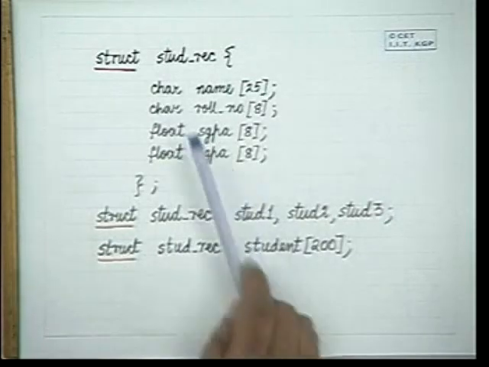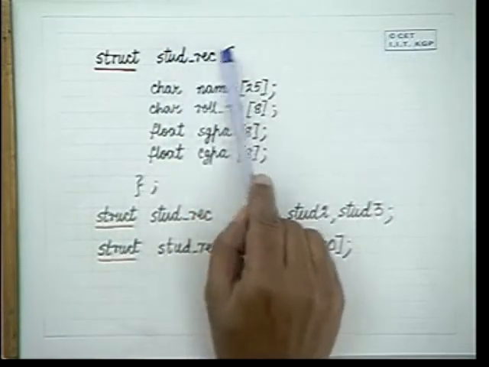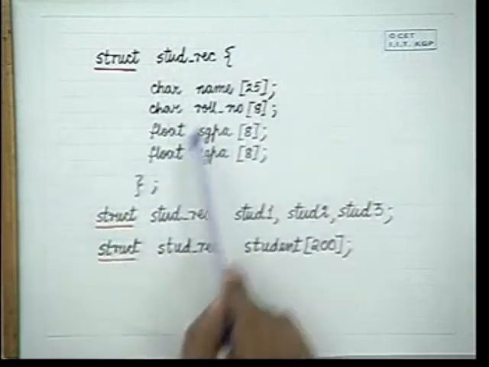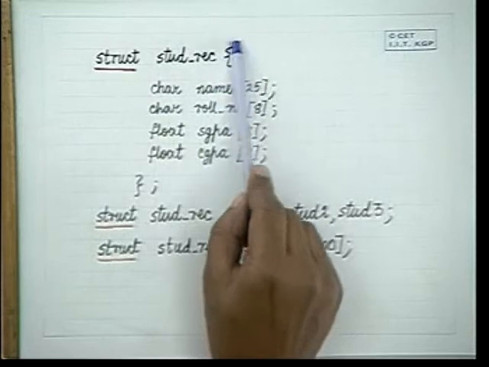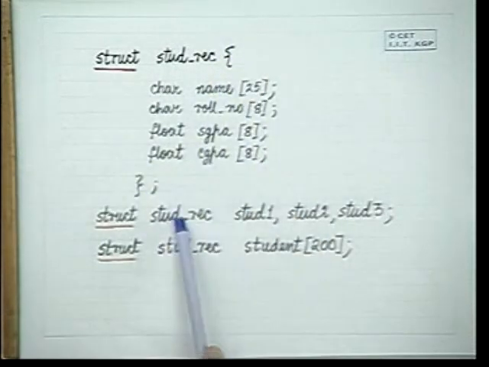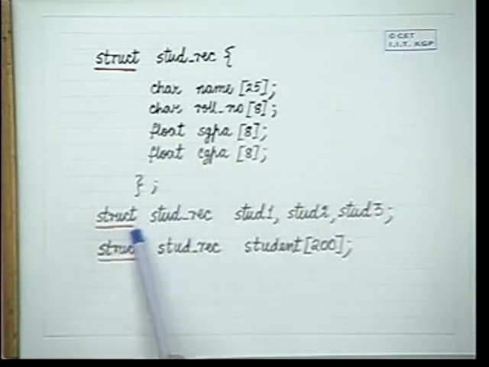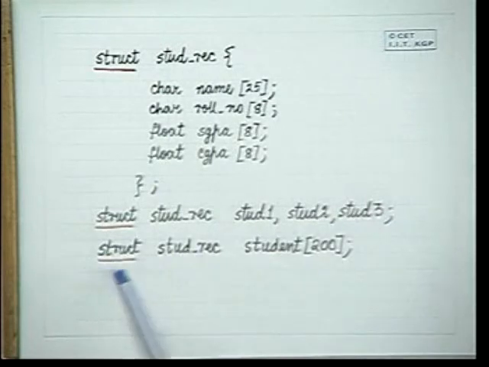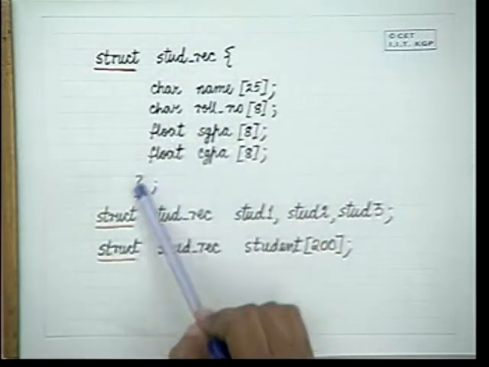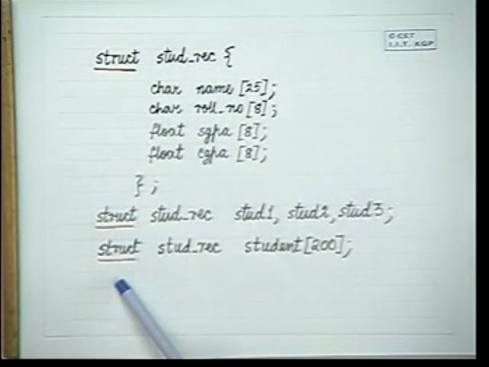Look at it this way: studrec will be replaced by this declaration here. So you will have struct followed by this, followed by this. So this is one way in which you can define a type and do this way.